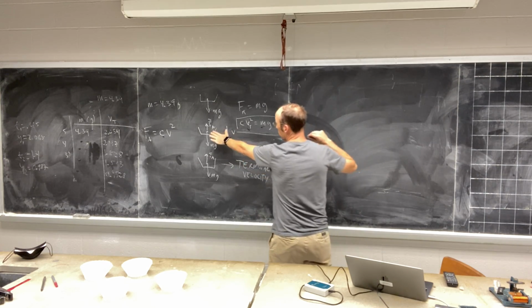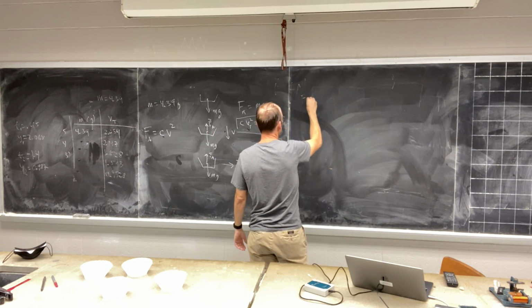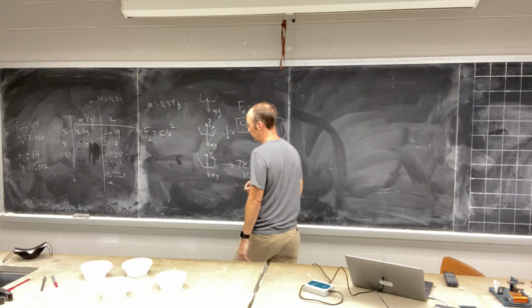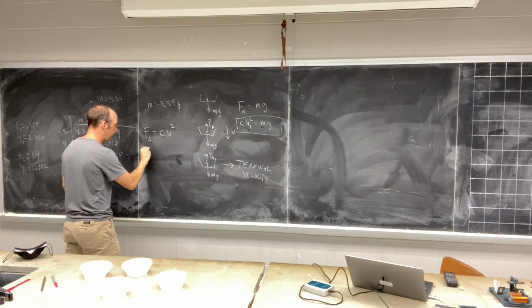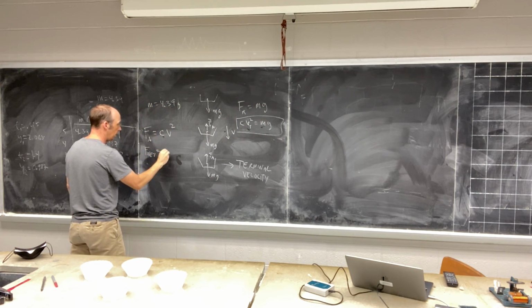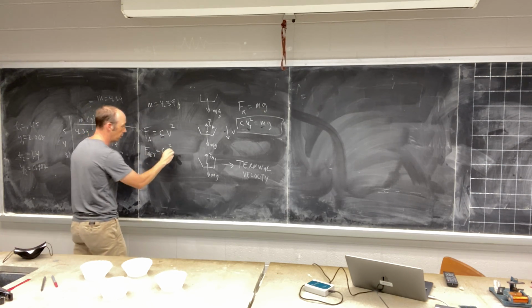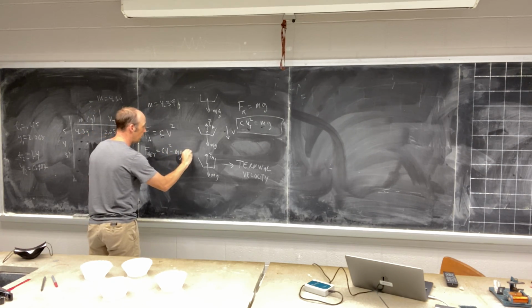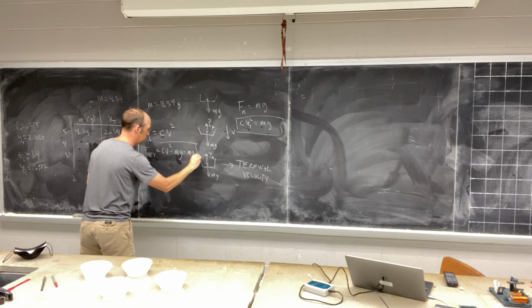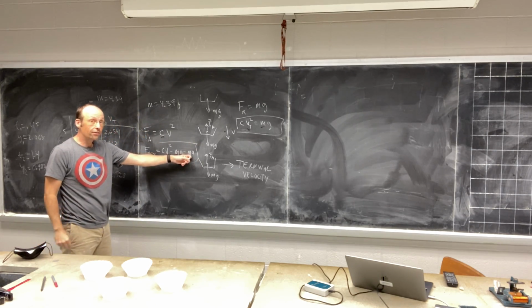So I know these forces right here. I can calculate F net equals, it's going to be this force, C V squared, and this is in the y direction, minus mg equals ma. So I can find the acceleration.